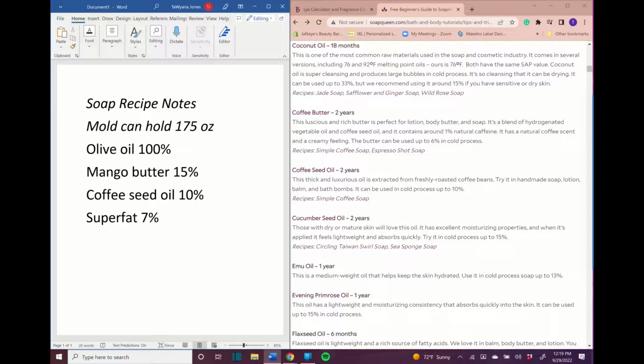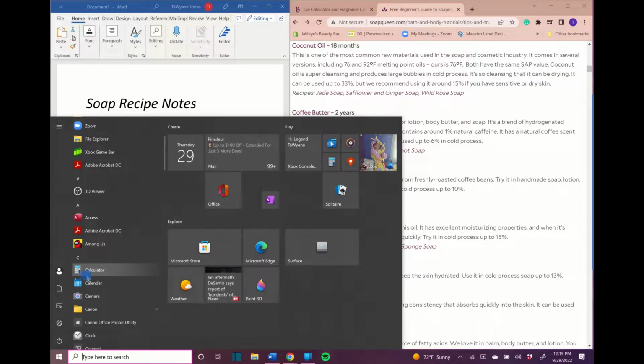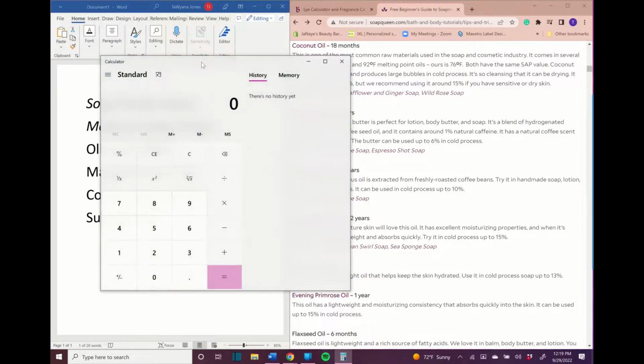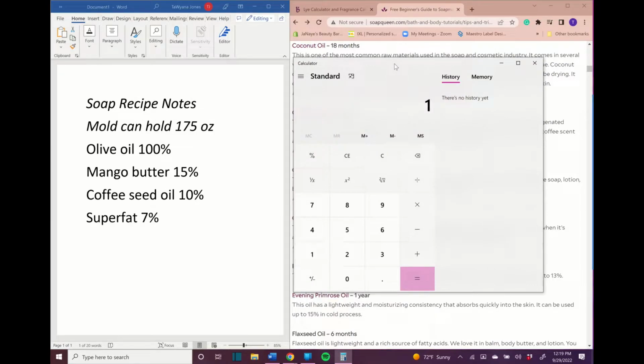Next, we need to figure out the math part of things. All right, so jumping into the math part, we're going to do 70% of 175 so that we can figure out how much oil we actually need for our recipe. So I'm going to pull up my little calculator. Okay, calculator. 175 times 0.70, which is 70%, and that is 122.5.